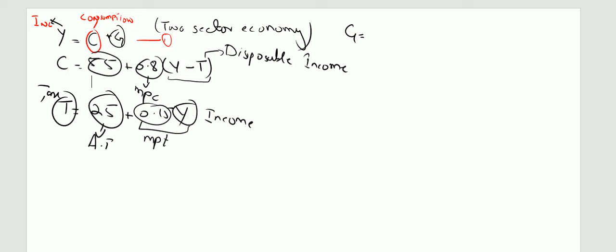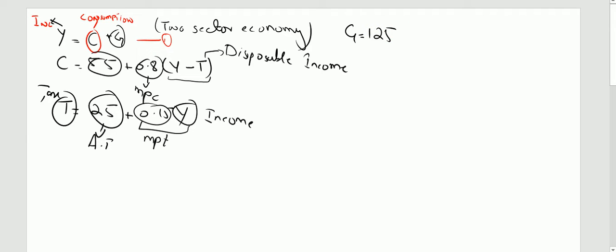Exogenous means we don't have to obtain it by calculation inside the model. As you know, it's a two sector model, but we only have to calculate the values of y, c and t. So G here is exogenous, and exogenous means fixed. Let's suppose it has a value of 125.